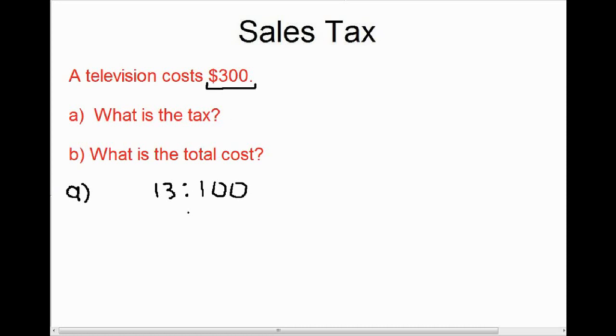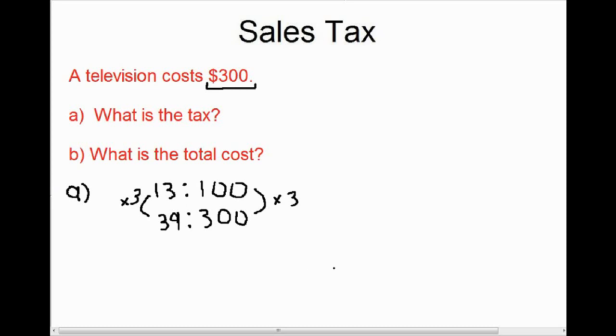If we're going to use our equivalent ratios here, the second number represents the cost, so we need to make that 300. To change 100 to 300, we have to multiply it by 3. So if that's what we do to 100, that's also what we have to do to 13. And what we find is that the tax here is $39.